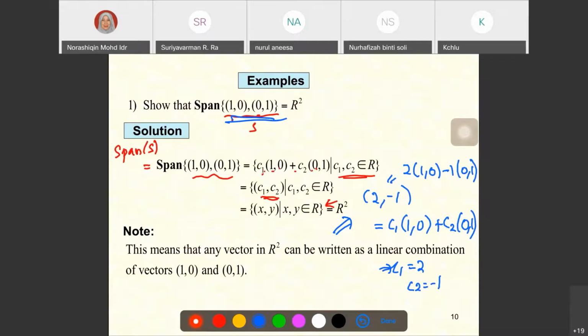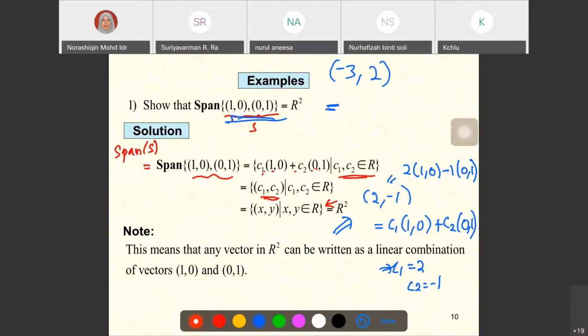How about (negative 3, 2)? Can be written as what? It can be written as a linear combination C1, C2 of (1, 0), (0, 1). What are the C's?